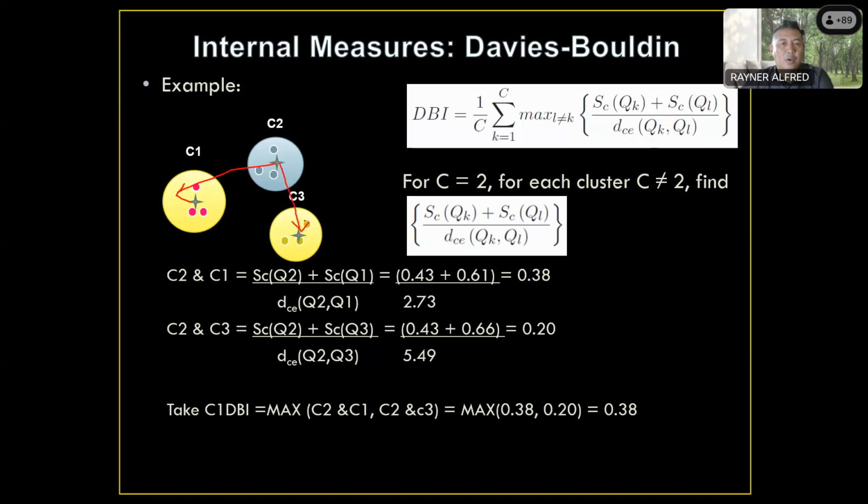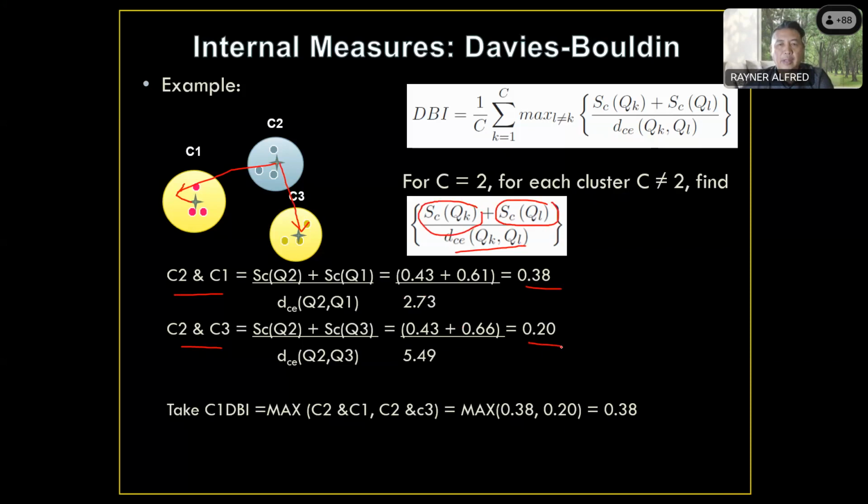Since we have all the numbers, for cluster 2 to cluster 1, we have the value already from just now. For cluster 2 to cluster 3, we just plug in the values: the compactness of cluster 2 plus the compactness of cluster 3 and the distance between cluster 2 and 3. So we get this value.